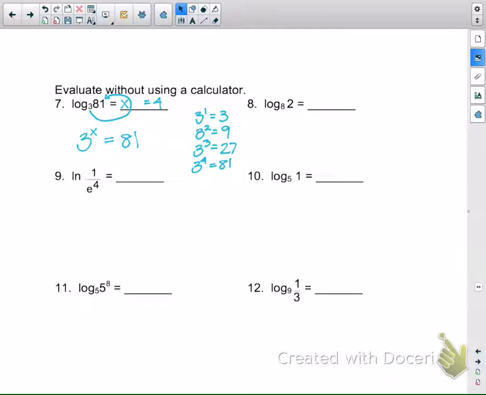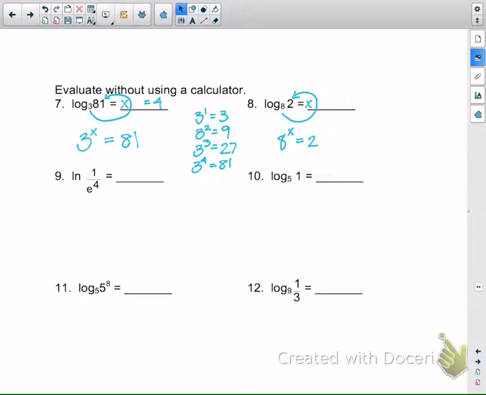Okay? Some of these are easier than others. And some of us are better at certain exponents than others. So for example, like question 8, if I don't know what that is equal to, again, we'd make it equal to x and rewrite it using our loop here. This is asking 8 to the what power gives me 2? Well, this is going backwards.